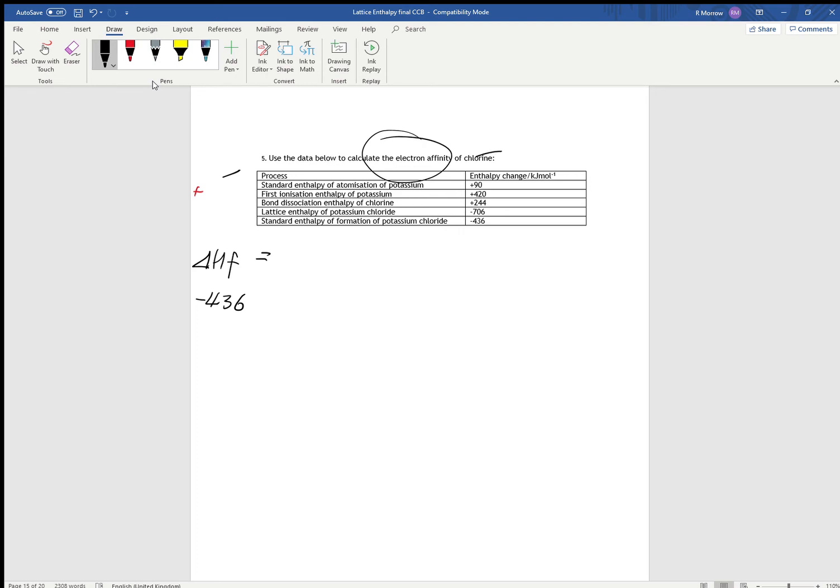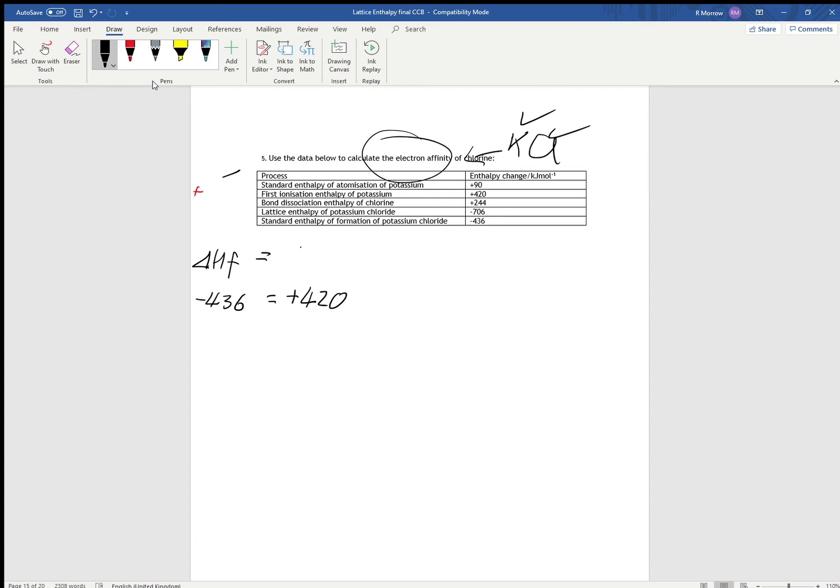Just remember, it might be useful if you wrote it's for potassium chloride. The good thing is we have 1 potassium and 1 chlorine in here, so you've got to bear that in mind. The first ionization of potassium is 420, and that's fine. I've only got 1 potassium. The bond dissociation energy of chlorine is 244.